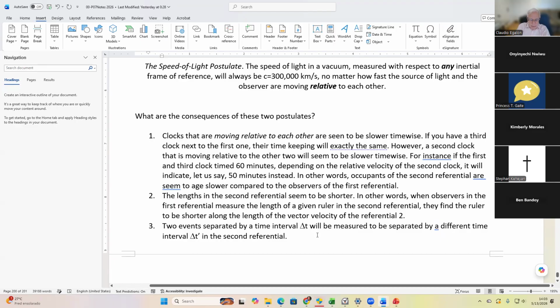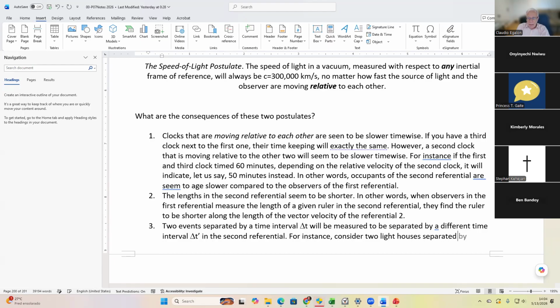Let me give you an example. Consider two lighthouses separated by a distance d in the first referential.